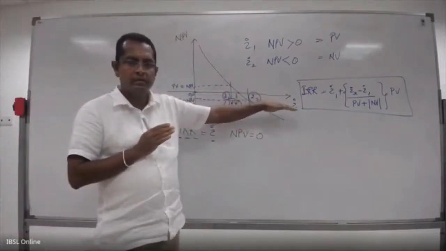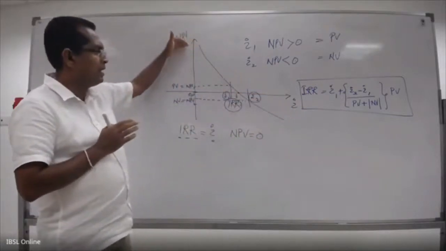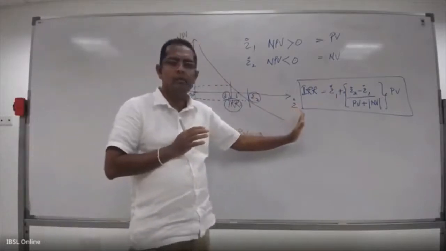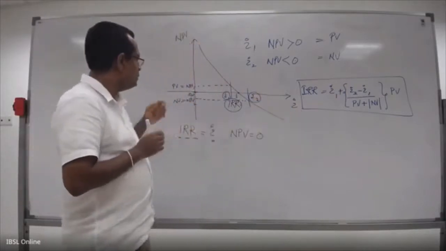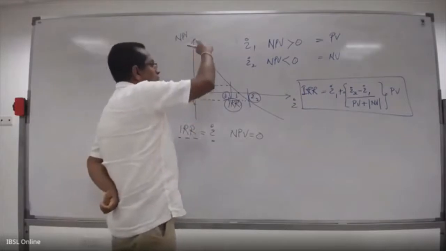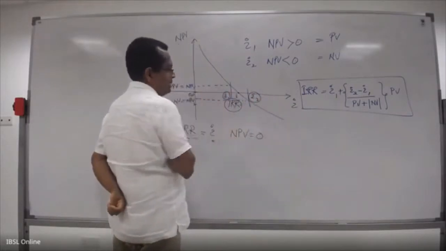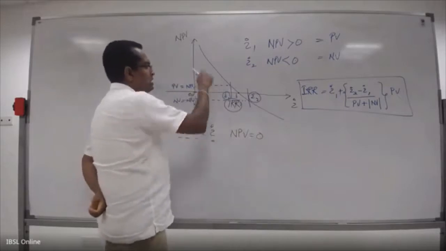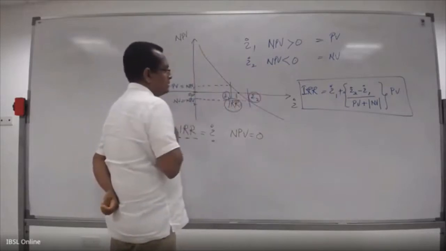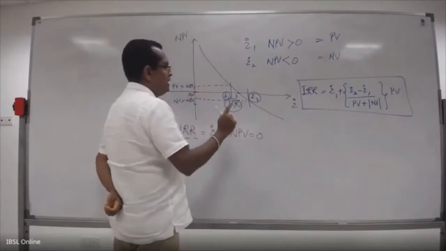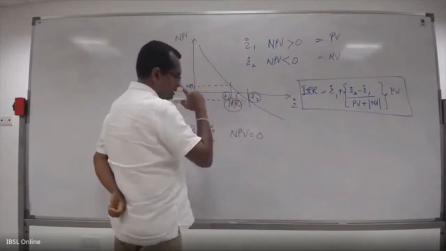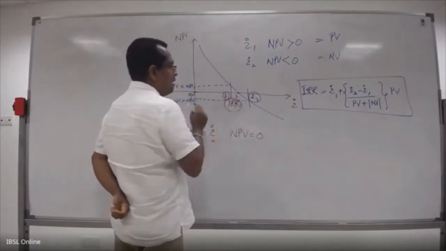You have net present value, and you have the interest rate, the discounting rate. This is the movement of NPV with the I. Right? I changes, NPV changes. So we need to find out the interest rate, the discounting rate, at which NPV is 0.